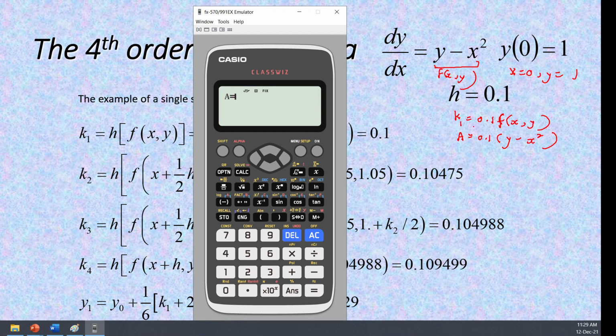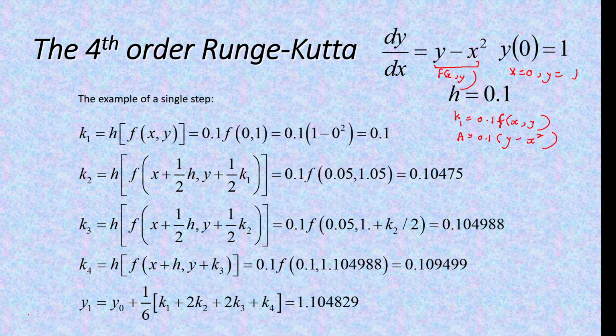I'm not going to use four formulas, I'm going to use only one formula. So I calculate it: 0.1 times the bracket y minus x squared.